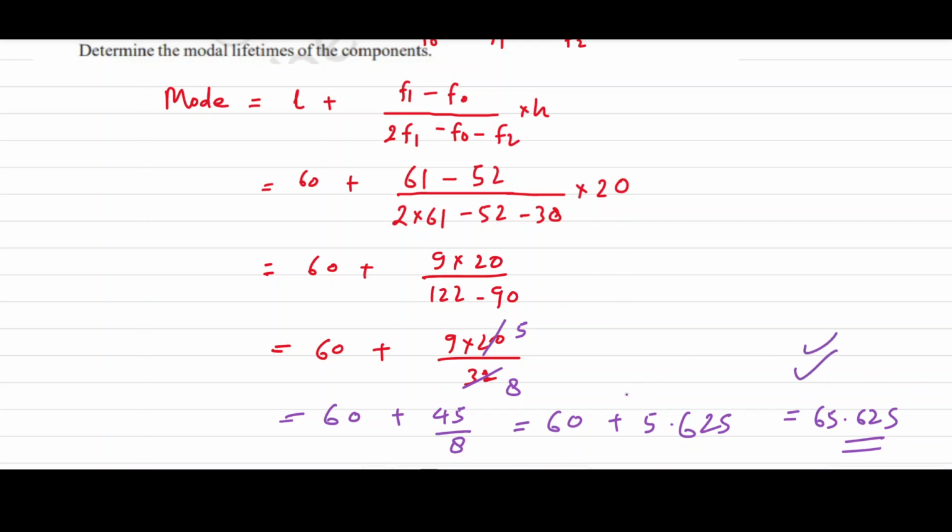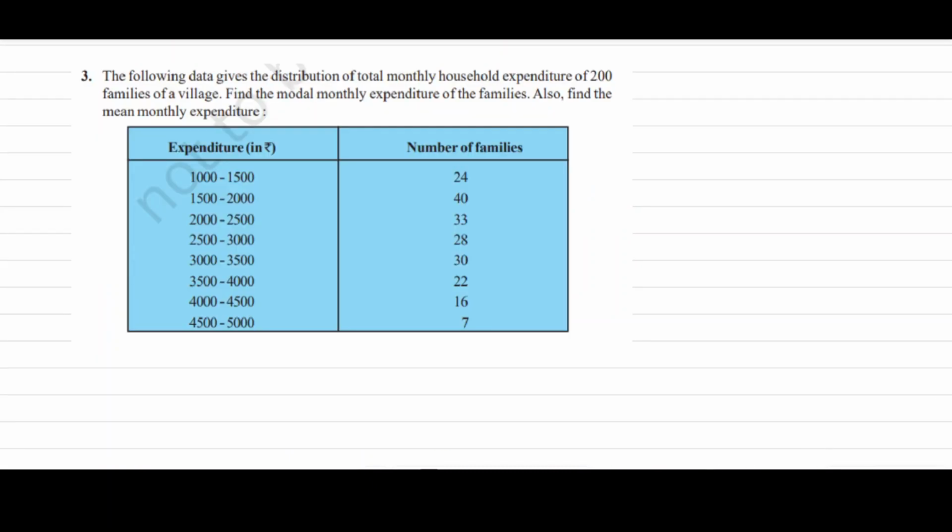Now we should move on to the next question. Now this is the third question. The following data gives the distribution of total monthly household expenditure of 200 families of a village. Find the modal monthly expenditure of the families. Also find the mean monthly expenditure. So first we have to find the mode.